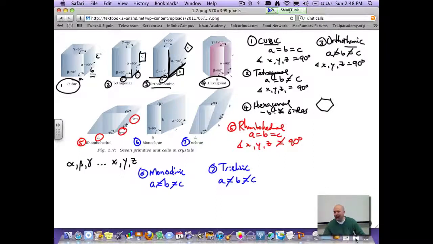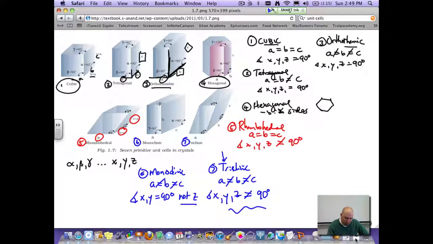But in a monoclinic, only one is not 90 degrees. So X and Y are equal to 90 degrees, not Z. So only one. Whereas in a triclinic, angles X, Y, and Z are not 90 degrees. So hence the tri. All three are not 90, as opposed to a mono, one is not 90.